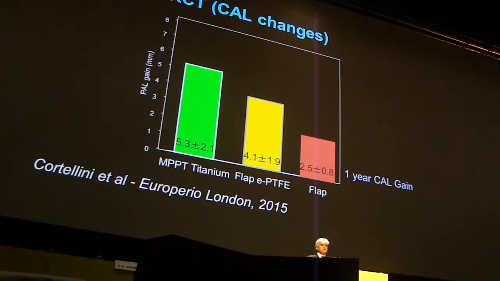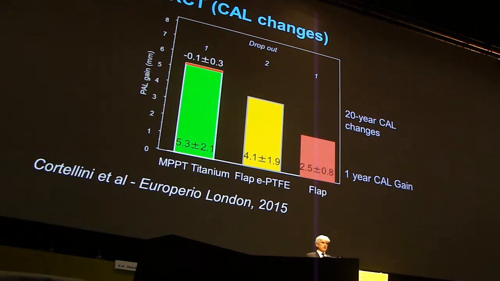These are the bars showing clinical attachment level gain at 1 year of the 3 groups. And after 20 years, we had 1, 2, and 1 dropouts in the 3 groups. So we're quite lucky to have most of this population still in our practice, following a very stringent recall system.